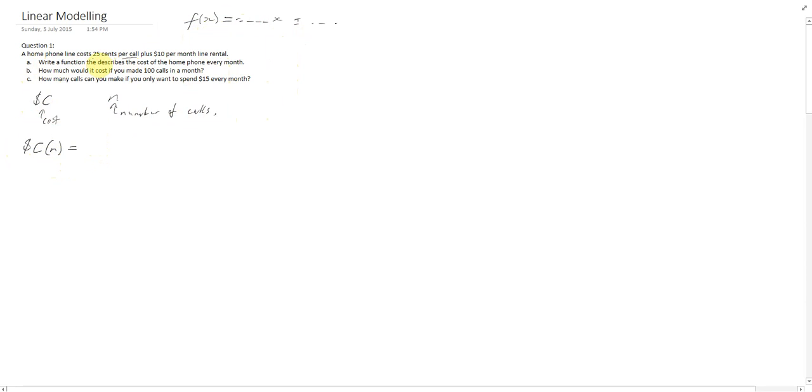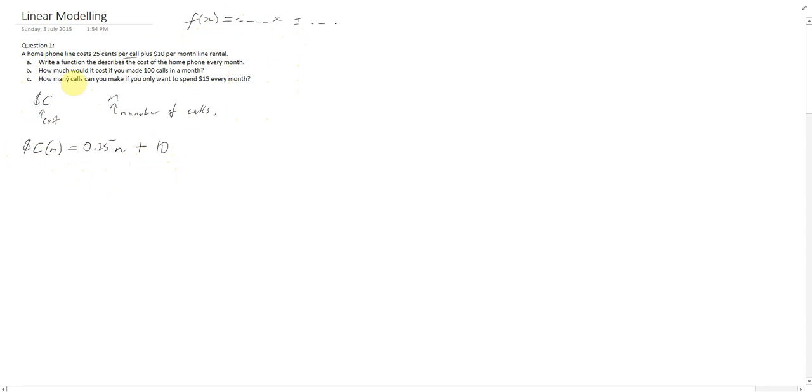So that is 25 cents times the number of calls. Here it's in dollars, so 25 cents is $0.25 times the number of calls, plus $10 a month for line rental, so plus $10. Our cost every month is 25 cents times the number of calls, plus $10 for the line rental.